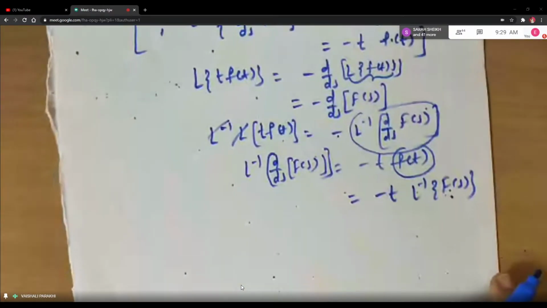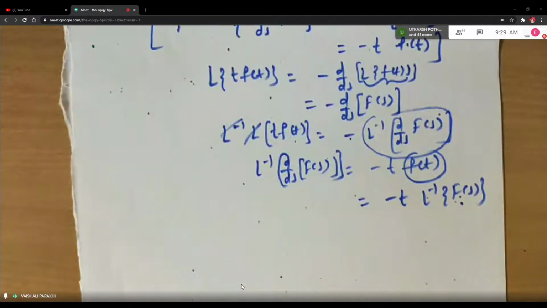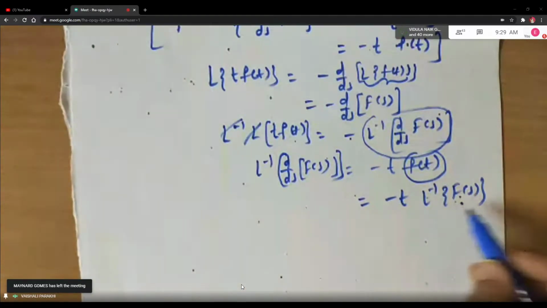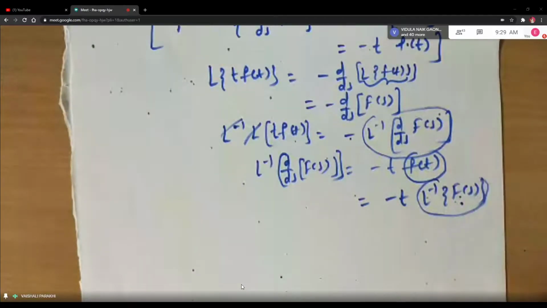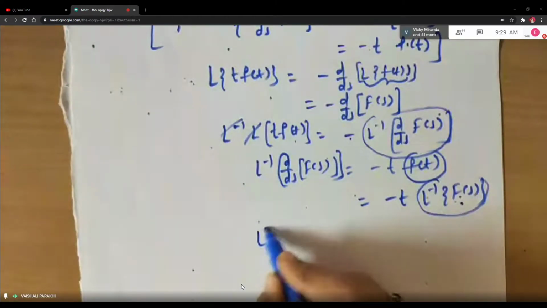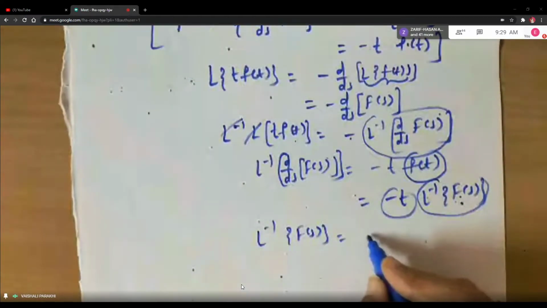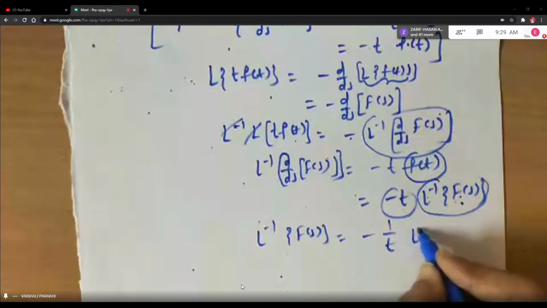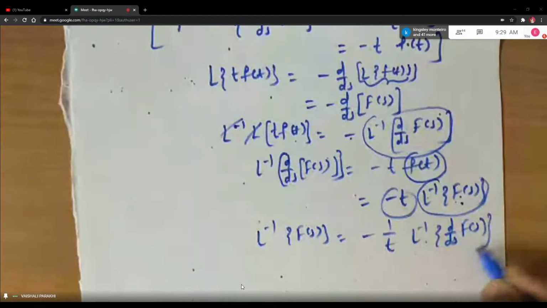Actually, this thing will not come into the picture when you are solving problems, but this is just some additional explanation I am giving you so that you will come to know from where we are getting this formula. So this term is kept on one side, students, L inverse of F of s, and this minus t is cross multiplied. So it is minus 1 by t, L inverse of d by ds of F of s.